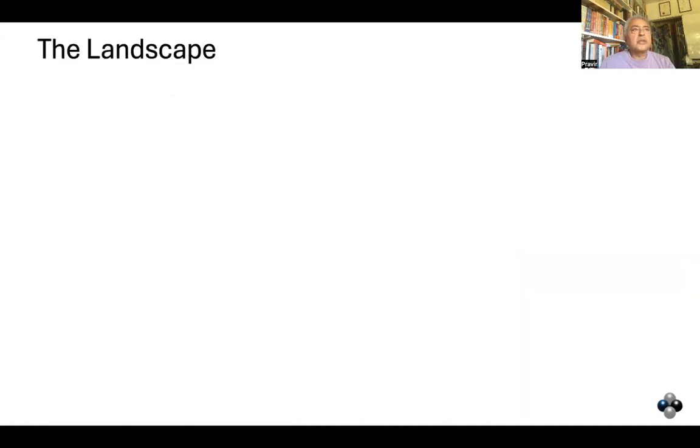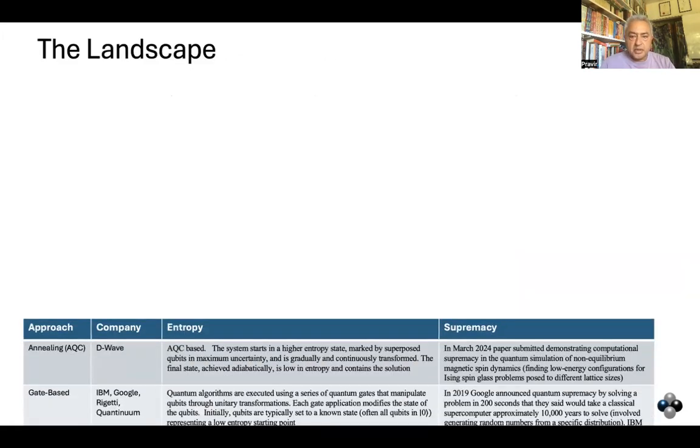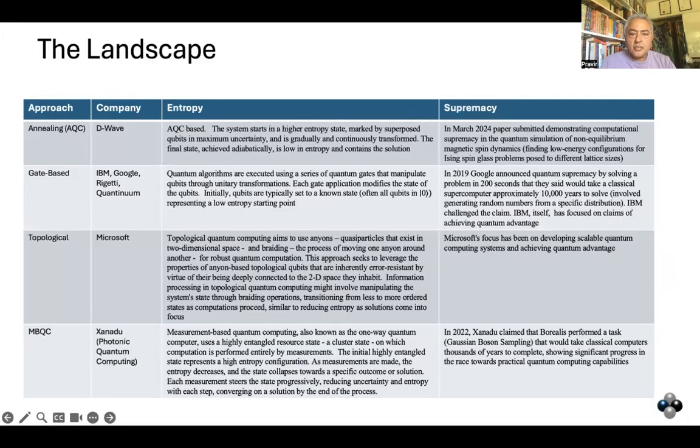Now, when we look at the landscape of quantum computing companies, in terms of approaches, we have annealing quantum computing, we have a gate-based approach, we have another gate-based approach, but I break it out as a topological approach to quantum computing. And then we have the measurement-based quantum computing that I had mentioned earlier.